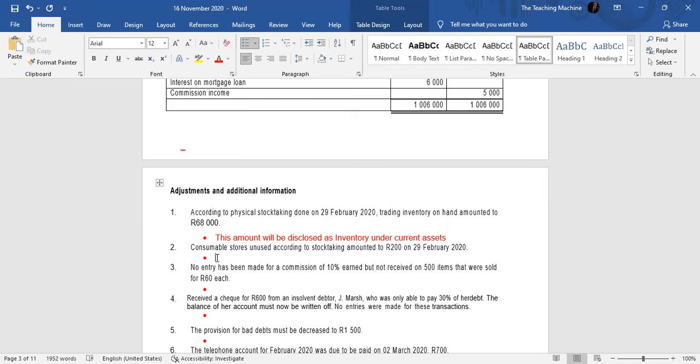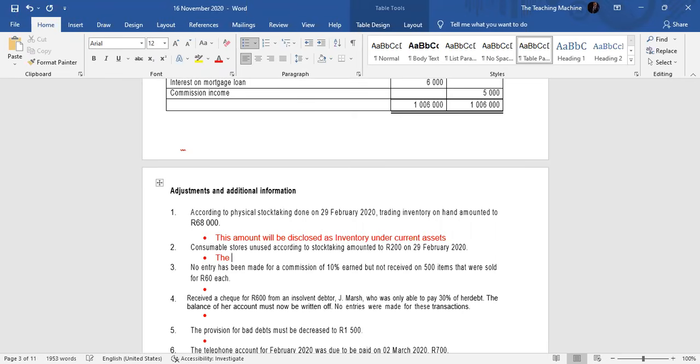Now, these are items that are used by the business on a daily basis, such as stationery, office supplies, packing material, cleaning material. Now, if consumable stores are not fully utilized, we convert them into inventory when doing the statement of financial position, meaning that these 200 rands should be added on the inventory under current assets.